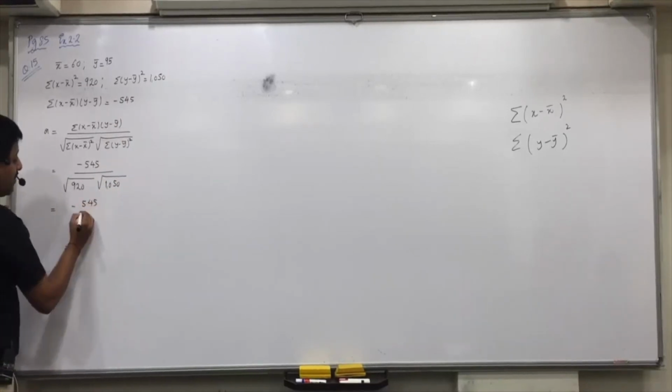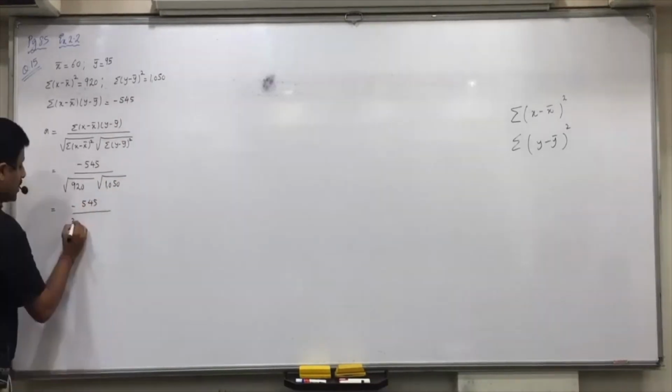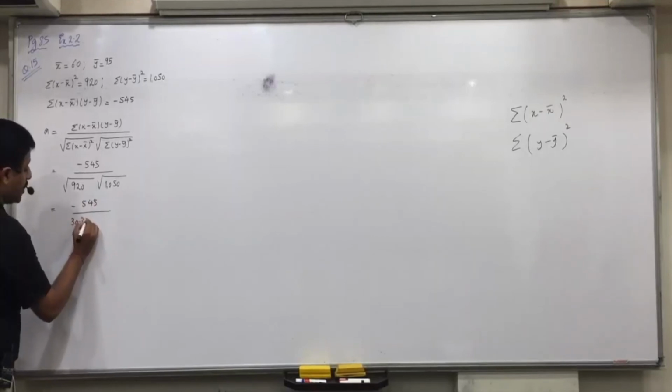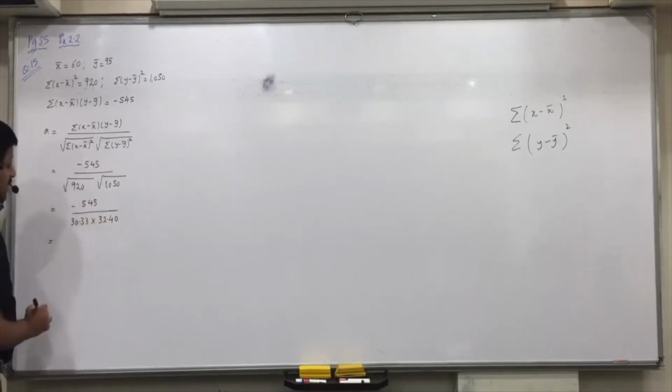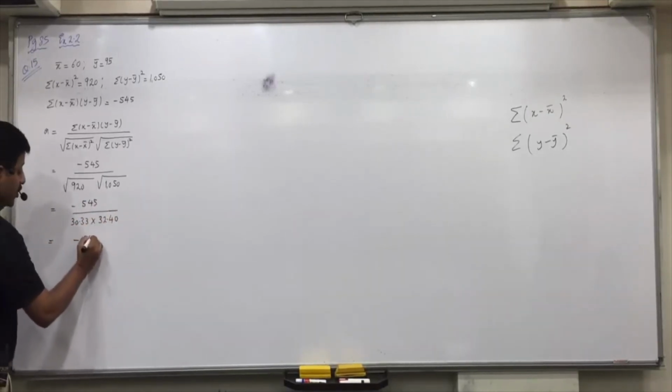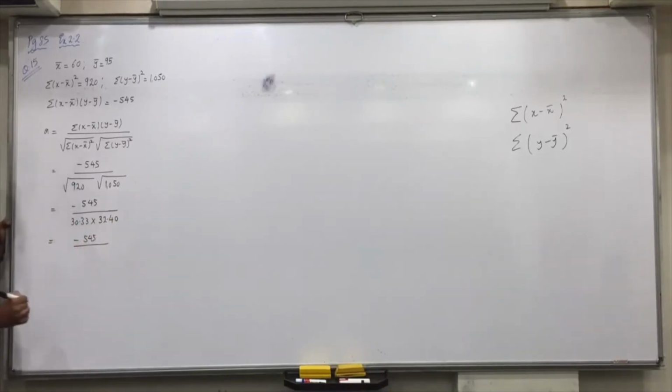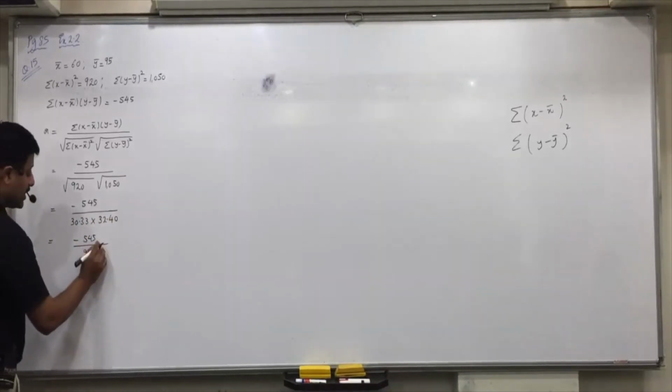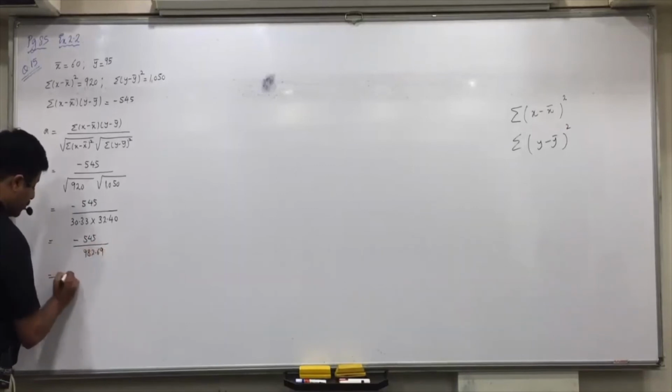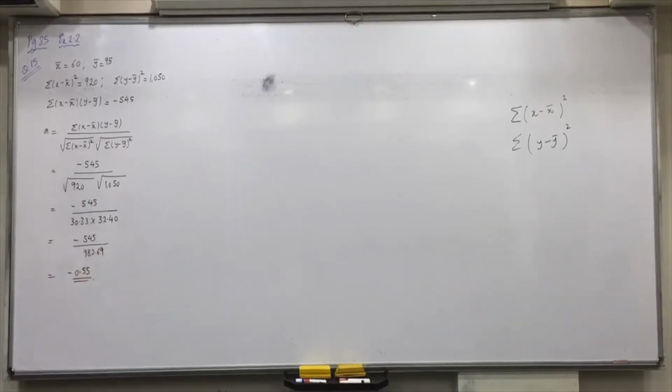So minus 545 upon, square root of 920 is 30.33, and square root of 1050 is 32.40. Further, minus 545 upon 982.69, and that is minus 0.55. Is everyone clear with this? So this can come for 2 to 3 marks where direct formula is to be used. All of you are clear with this?